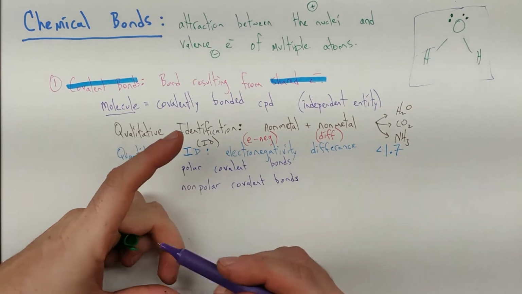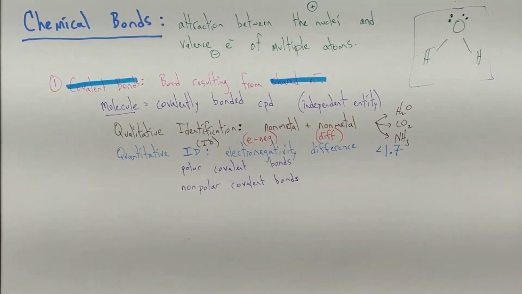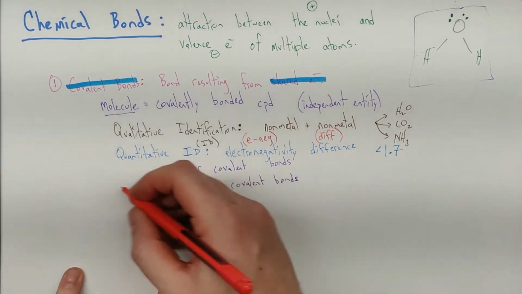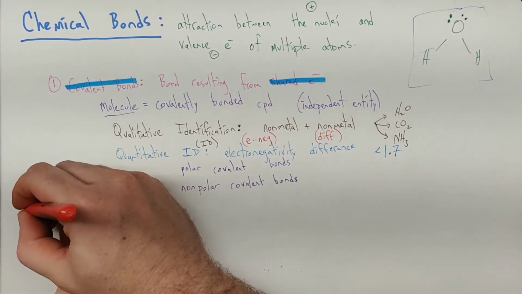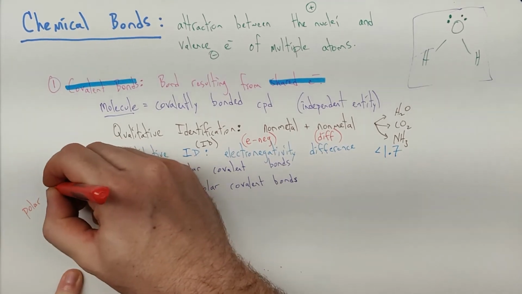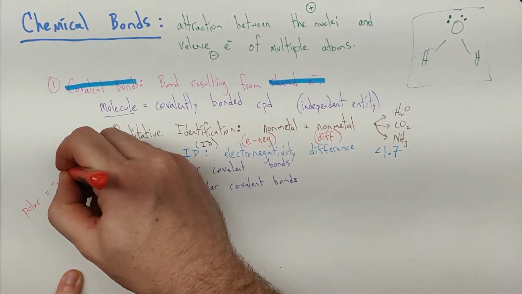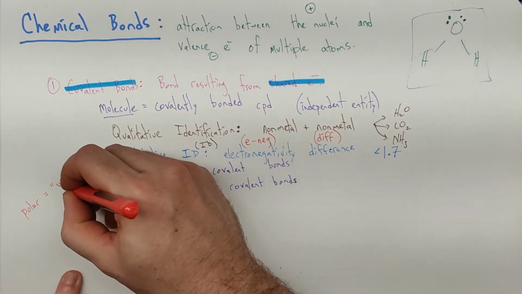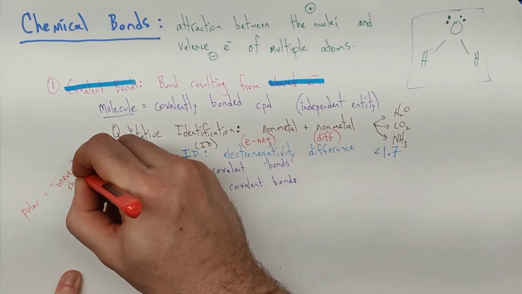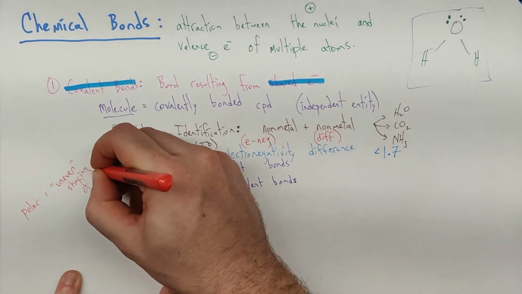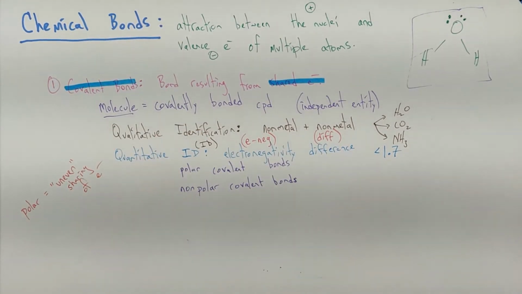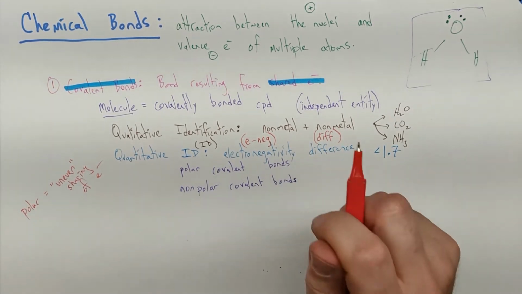Now, we've defined polar before, but just as a quick reminder, to be polar is to be uneven, right? So if we're talking in our context here, to be polar is to be uneven. All right? And if we have some polar bond, we're talking about an uneven sharing of electrons. And what determines how evenly shared those electrons are, well, it's determined by the ability of an atom to attract electrons.